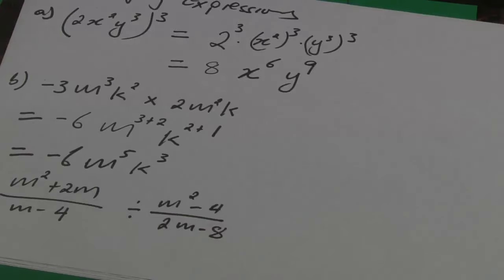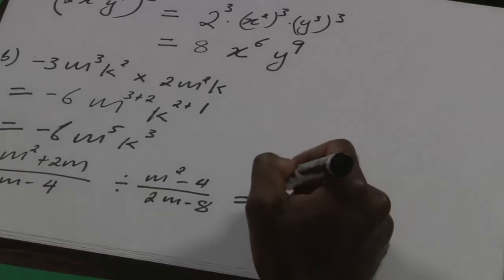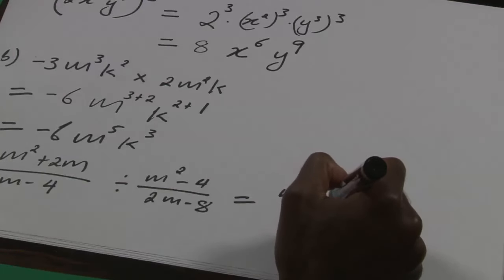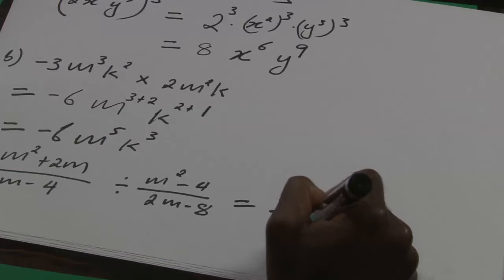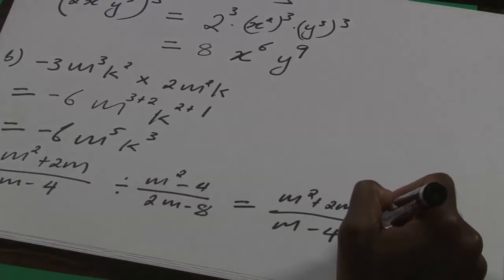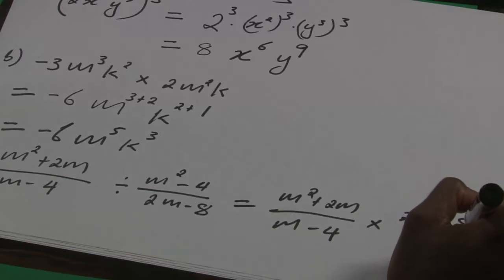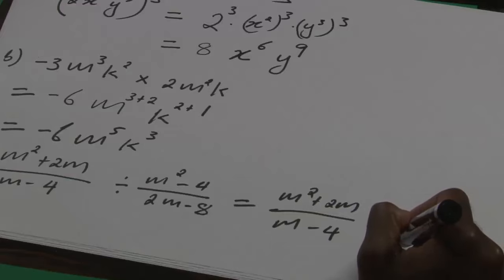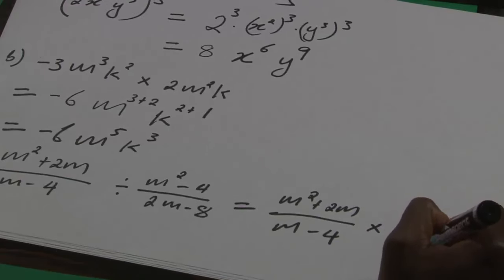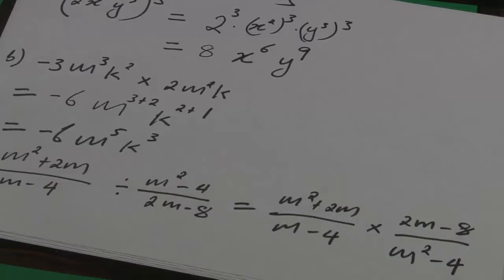In the reciprocal, you just flip it, and what you get is m squared plus 2m divided by m minus 4 multiplied by 2m minus 8 over m squared minus 4.